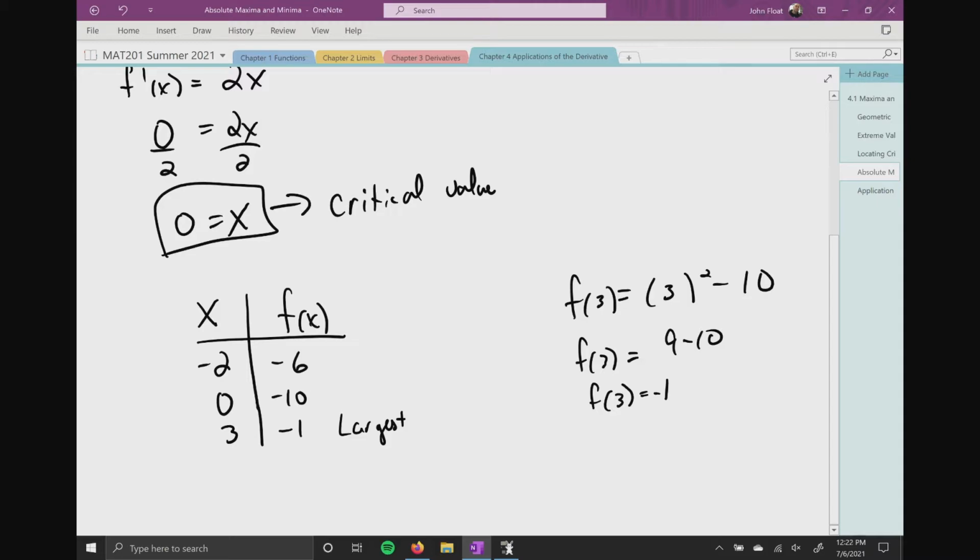My smallest value is going to be -10. And that means that at the point (3, -1), I have my absolute max. And at the point (0, -10), I'm going to have my absolute min.